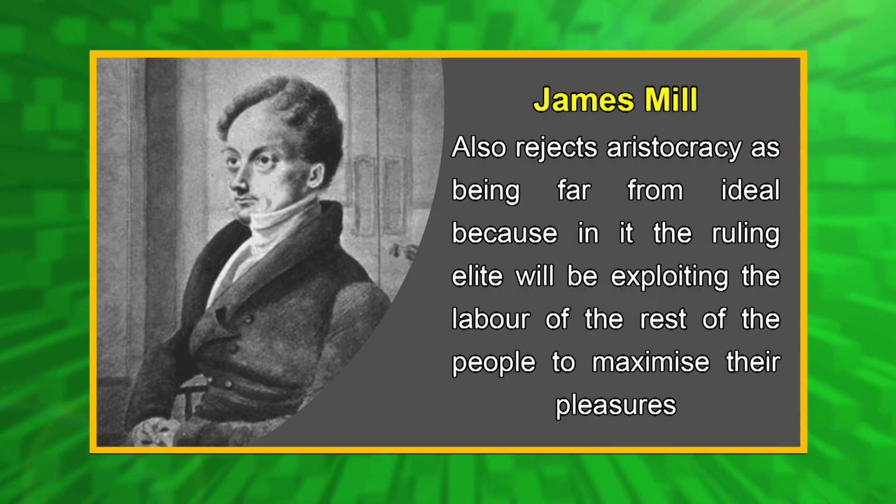For the same reason, James Mill also rejects aristocracy as being far from ideal, because in it the ruling elite will be exploiting the labor of the rest of the people to maximize their pleasures.